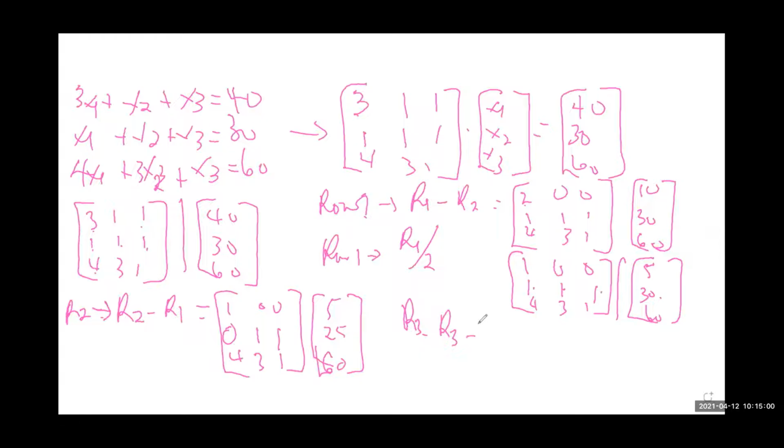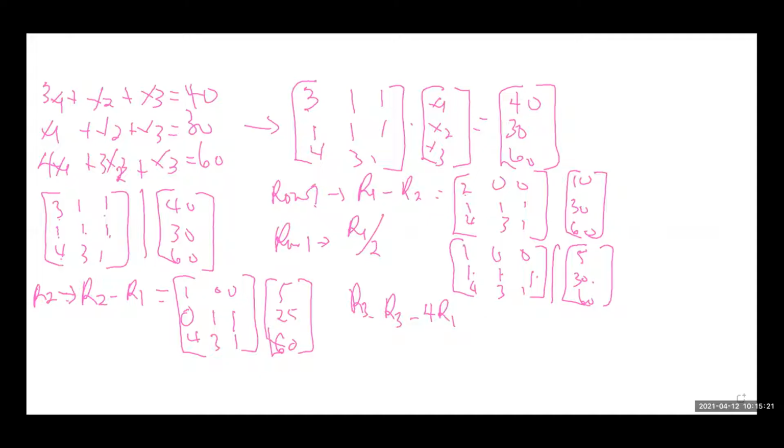Row 3 minus what? 4 times row 1. Are you sure you are not giving me the solution to my question? Oh no, sir. I want you guys to think it through. Don't be focused on my solution, otherwise I'll just do that and leave you.